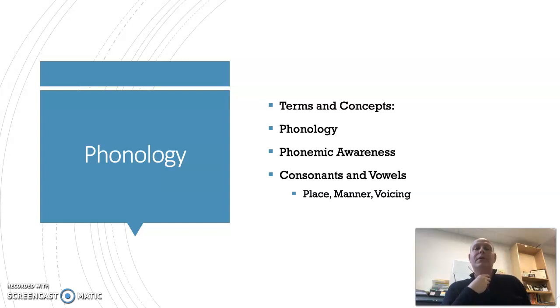But if you make a voiced consonant, like b, you can feel it move. Okay? So that's voiced or voiceless. So this combination of place, manner, and voicing, those three factors together contribute to this whole idea of sounds and articulation.